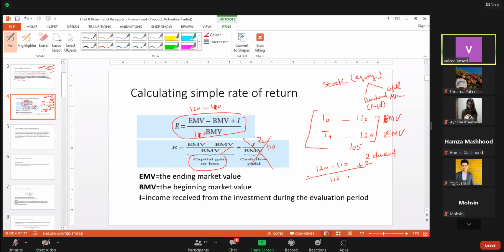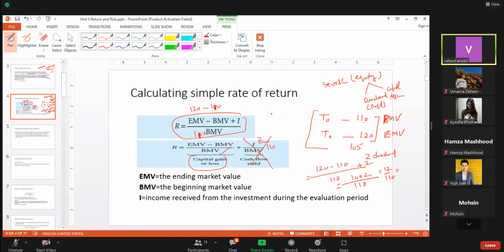So you can take 10 plus 2 divided by 100, so you can find out 12 divided by 100. So in this way, we can calculate the return of an equity stock.